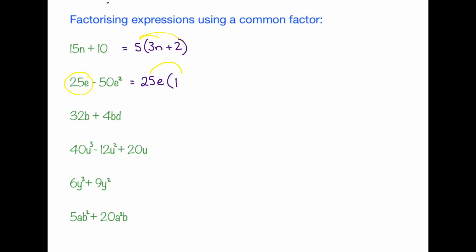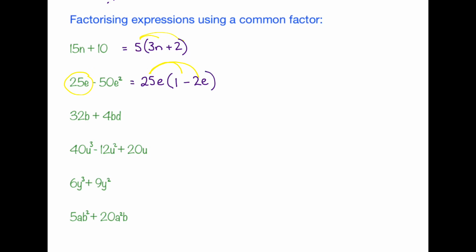Okay, then what goes here in the bracket has to be 25e times that thing will give us negative 50e squared. So we can see that we're going to need a minus to get the negative. 25 times 2 is 50, and e times e is e squared. You can always check these by multiplying them out and checking that they work.